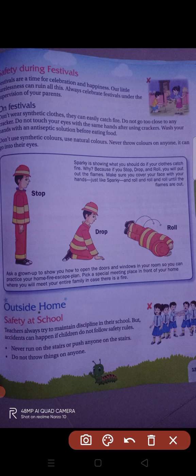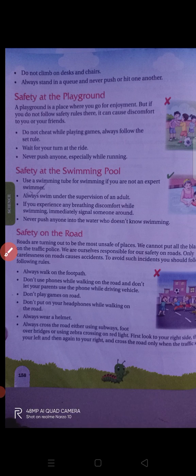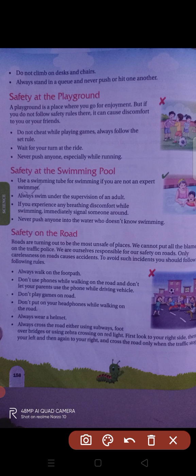Then what are the things you should not do in the school premises? You should never run on the stairs or push anyone on the stairs, and do not throw things at anyone.